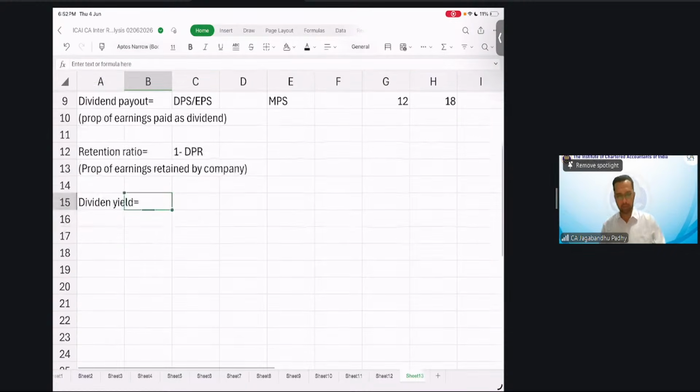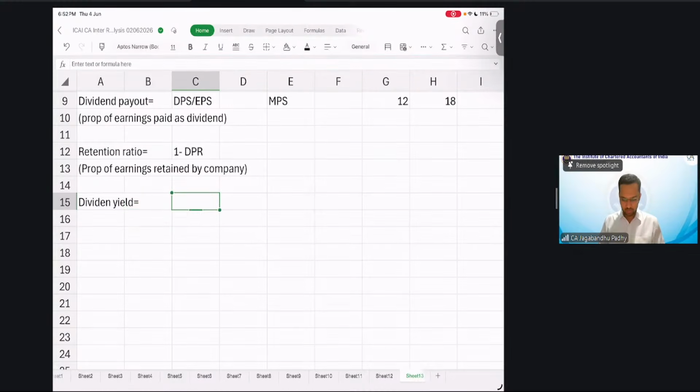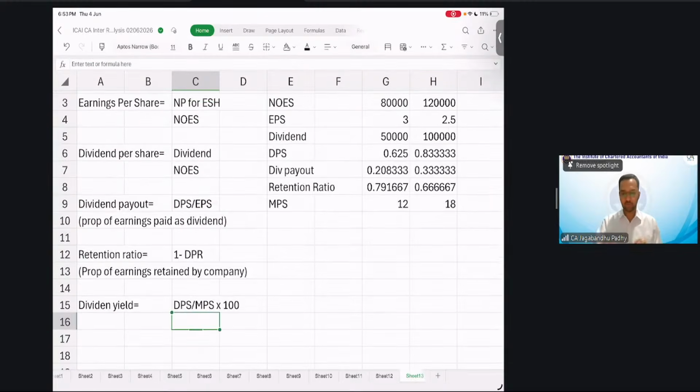Dividend yield is simply the dividend you have paid on the basis of your market price. So your DPS is 0.625, your MPS is 12. So by paying 12 rupees, you're earning a dividend of 0.625.